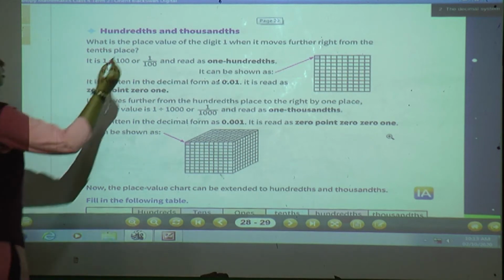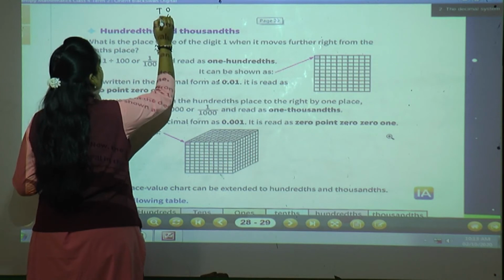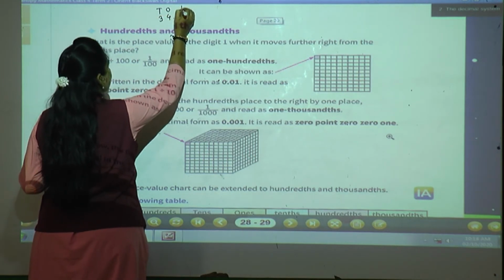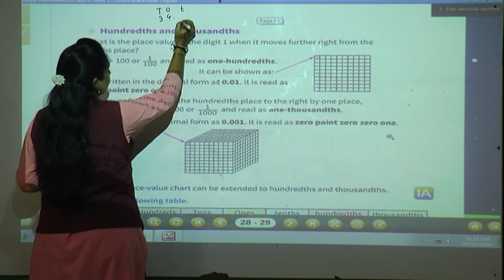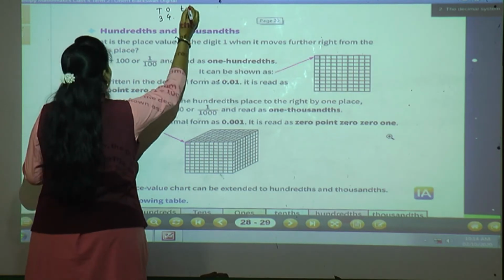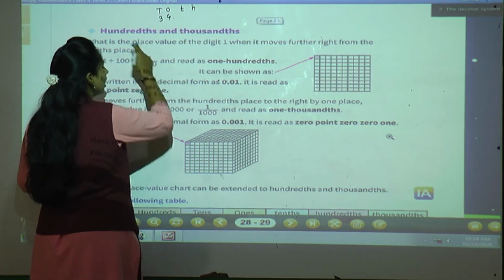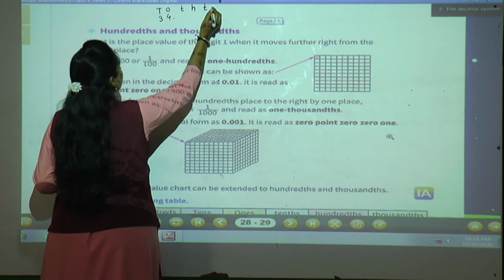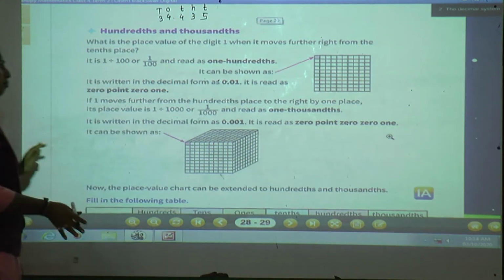After that, if more digits are there, they are known as hundredths and thousandths.